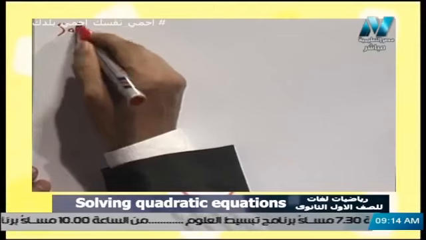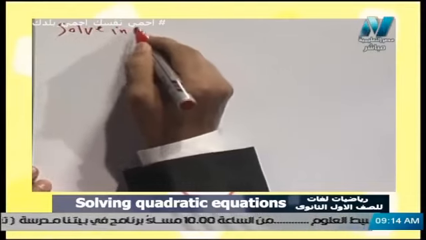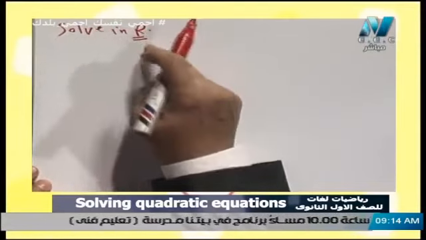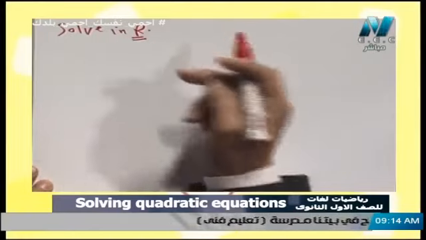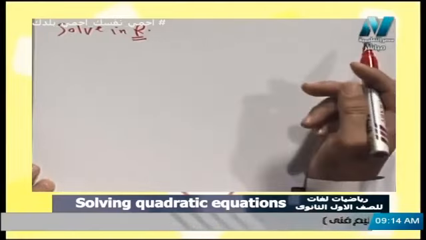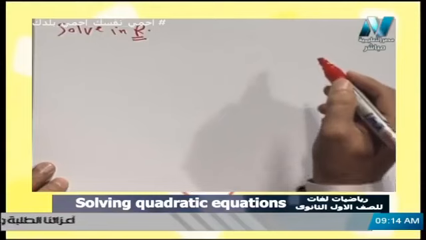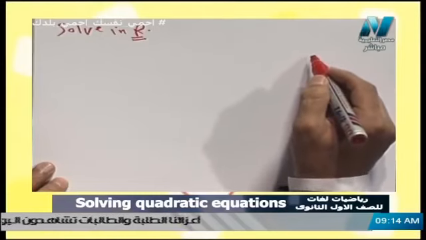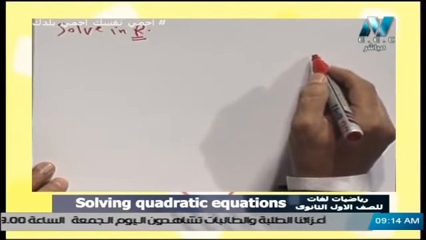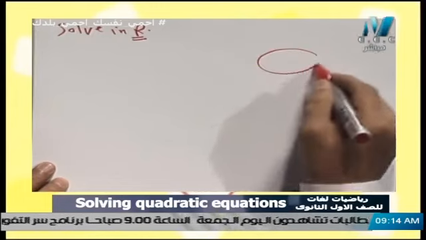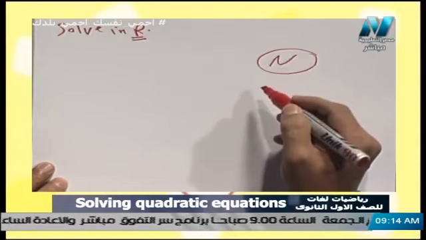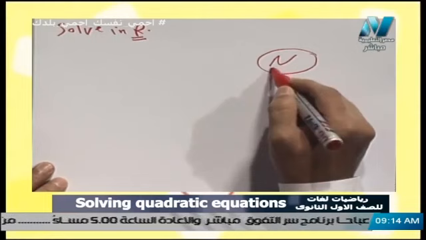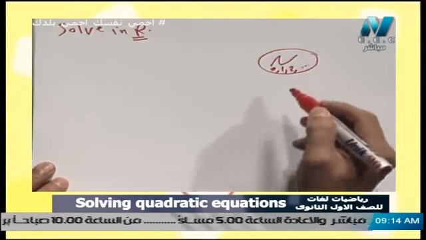New paper. Solve in R. In R means real numbers. Real numbers, as we know, have many kinds of numbers. If we express it here, we first studied natural numbers, which means 0, 1, 2, and so on.